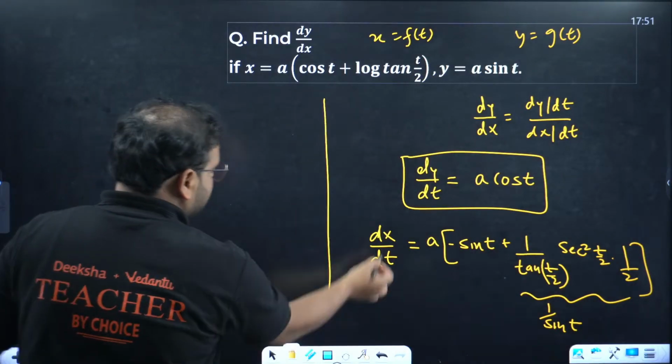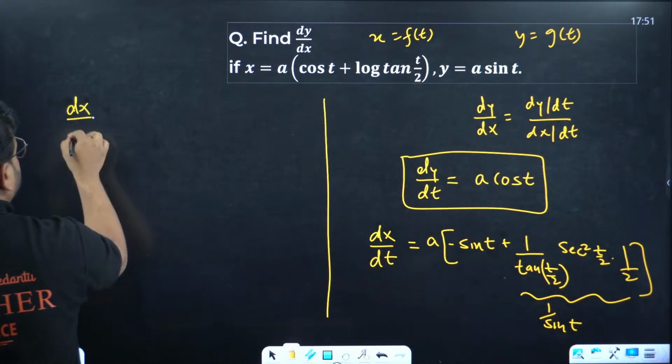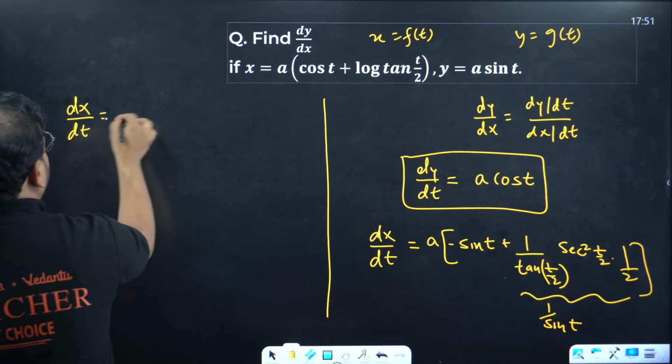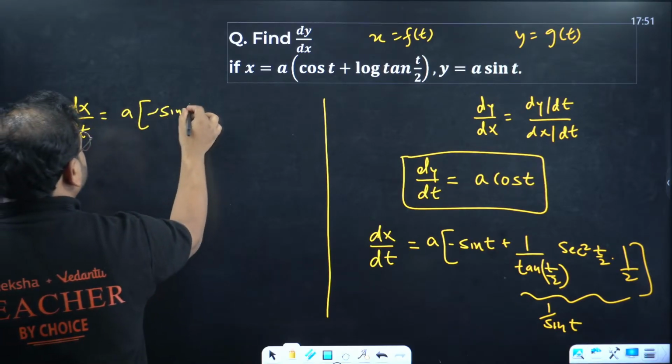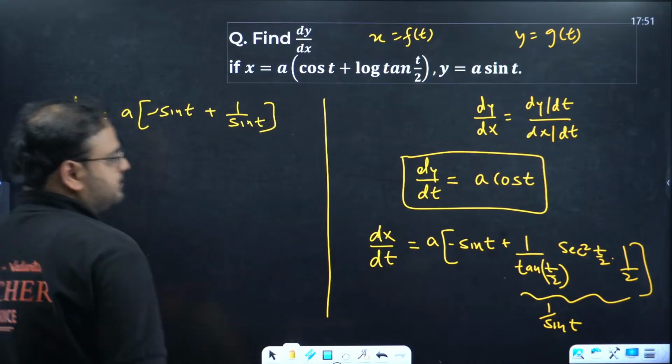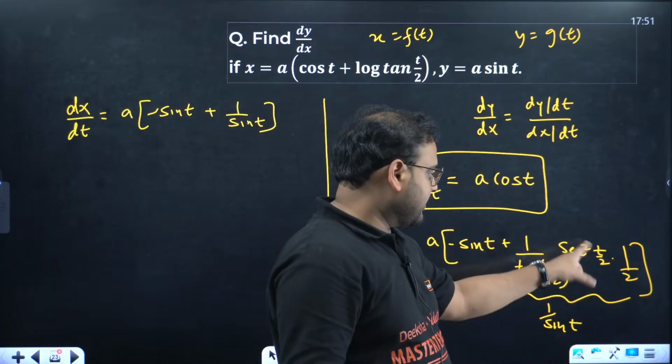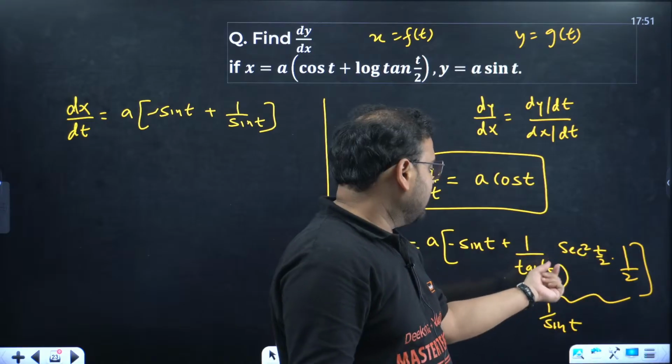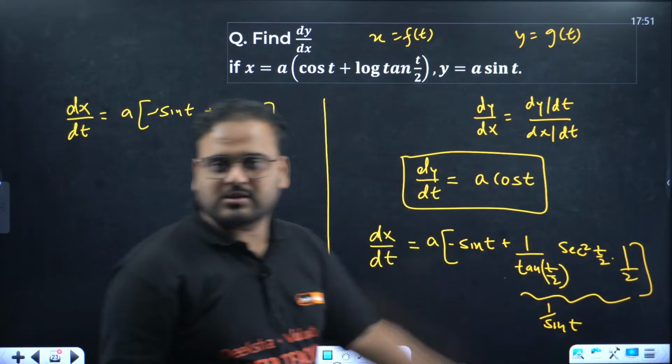So basically this step of this question will be a times of minus sine t plus 1 by sine t. When I take sec square over here, it will become cos square, right? Tan is sine by cos, and the cos and cos cancel.